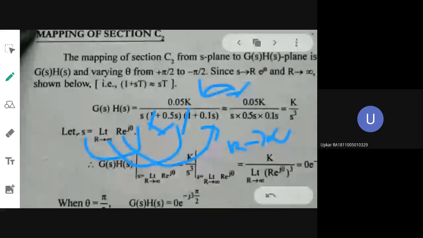Finally k divided by s cube is the simplified term. So in place of s, what am I substituting now? That limit: limit r tending to infinity, r into e power j theta, to the power 3. This is my s.